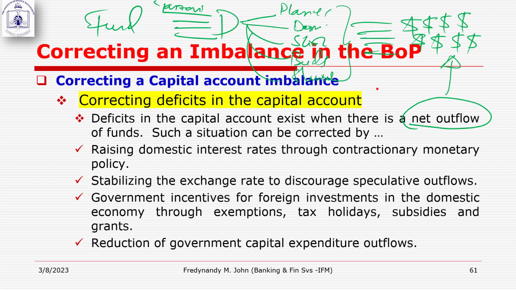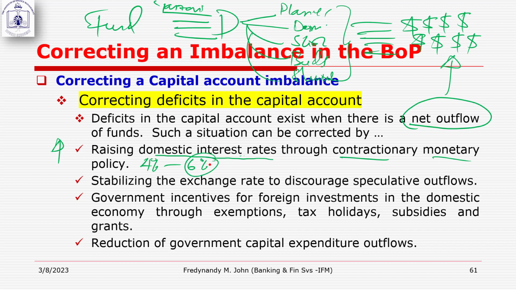Now, in the situation of the net outflow, what do you do? Number one, raise the domestic interest rate. And remember, the policy that influences interest rate is the monetary policy. So pursue contractionary monetary policy in order to raise the interest rate. What will happen if interest rate is raised, let's say, from 4% to 6%?